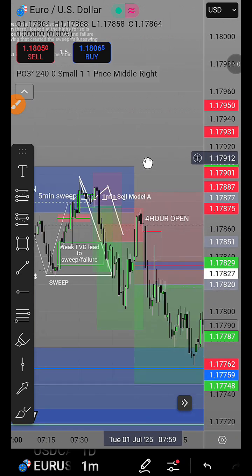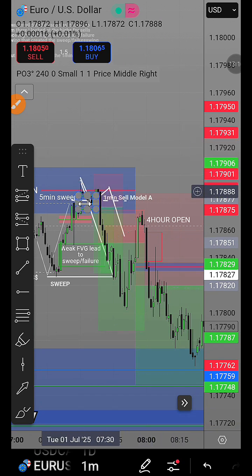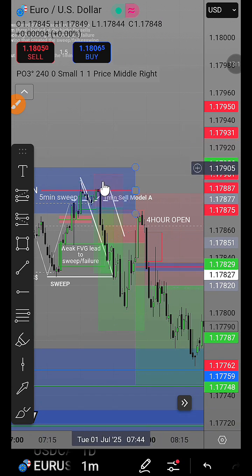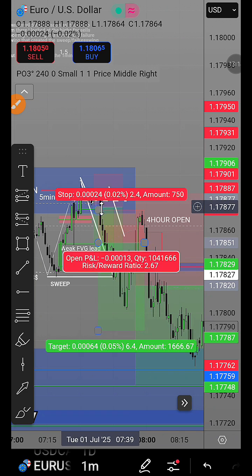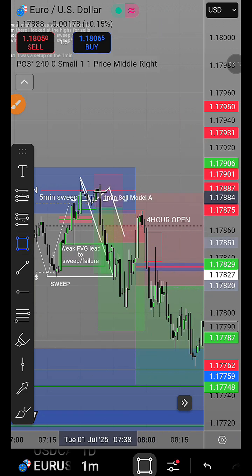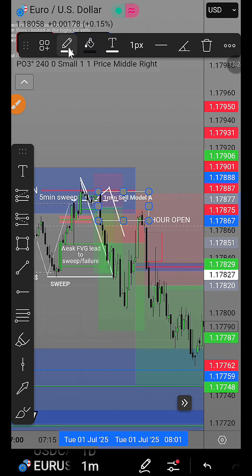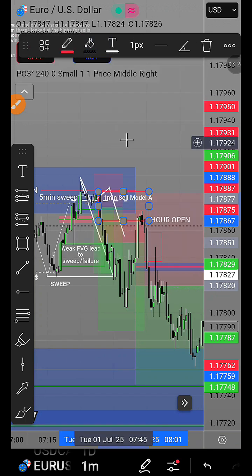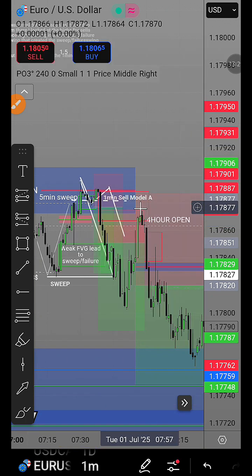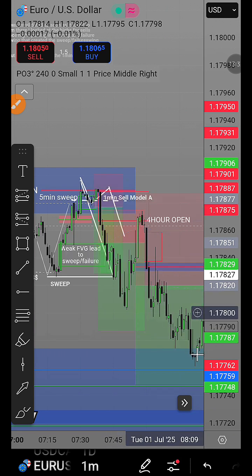What's also high probability is when a bullish FEG gets inversed by a bearish FEG, because that means that it is a balanced price range, right? You can see there's the FEG, bearish FEG, balanced price range. Price returns to it. If you entered on this return here, immediately goes your way.